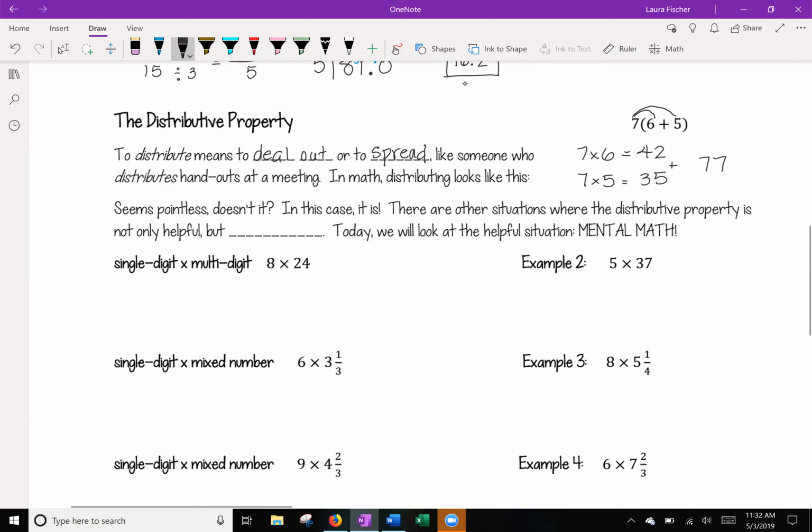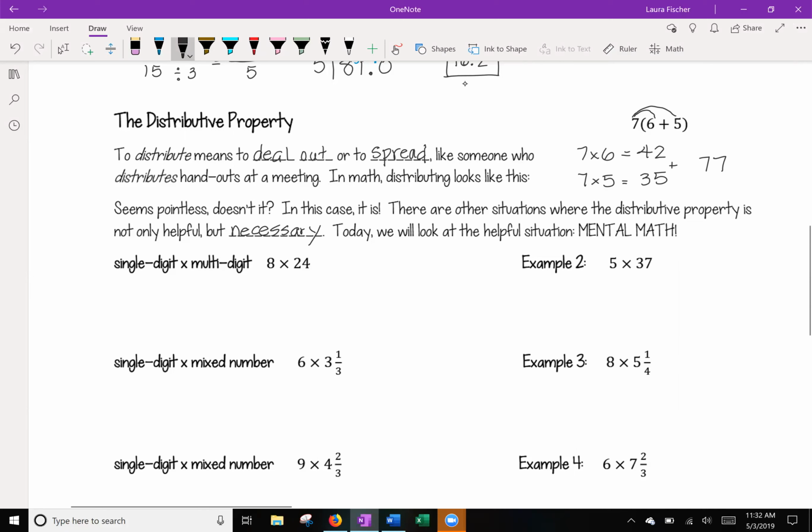But there are times when the distributive property is not only helpful, but it's necessary. You actually have to do the distributive property, and that comes when we start introducing some variables. But what we're going to look at here is the helpful uses for the distributive property, and that is mental math.